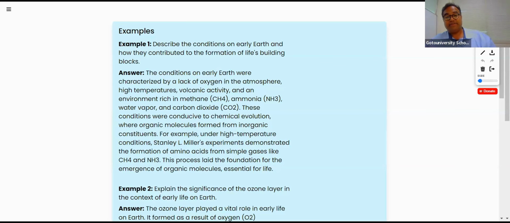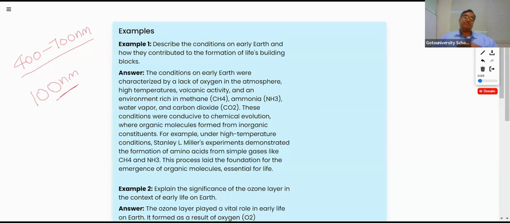Listen very, very carefully. 400 to 700 nanometer is what we call the visible spectrum, a part of the electromagnetic spectrum. So below the visible spectrum, the UV spectrum is present. 100 to 400 nanometer is the UV range, right?